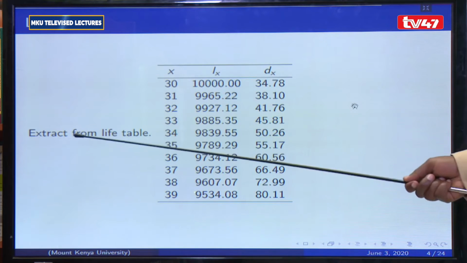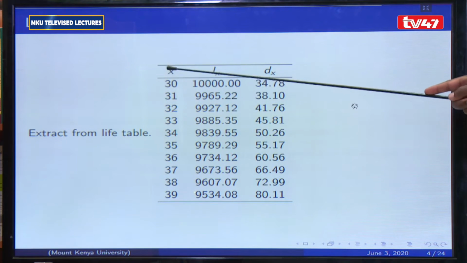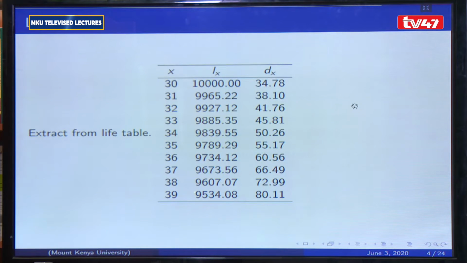So this is a sample extract from an actuarial table. We have the first column now, which is the age. Then we have the second column, which is denoted by L subscript x.